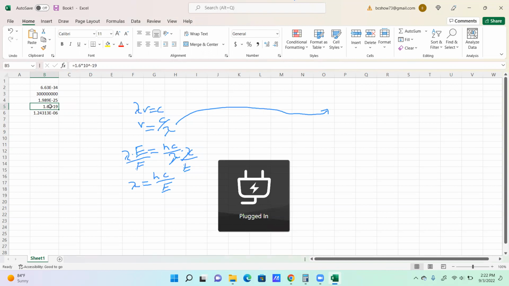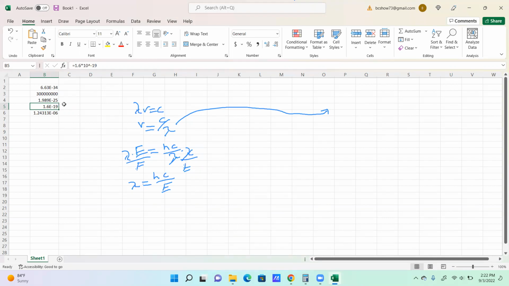So now, if I know that this is the number of joules per eV, then I take the number that I have here, which was basically the joule seconds, and multiply that by meters per second. Obviously the seconds cancel, so I end up with joule meters.